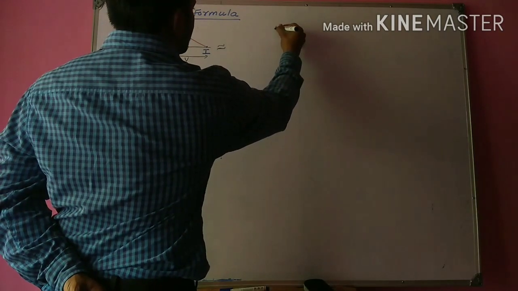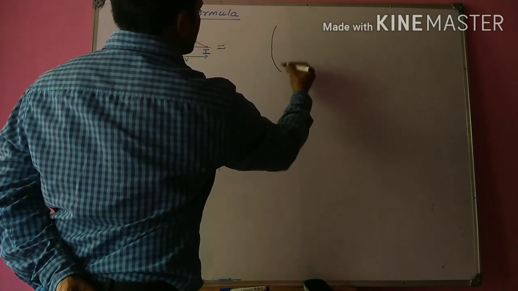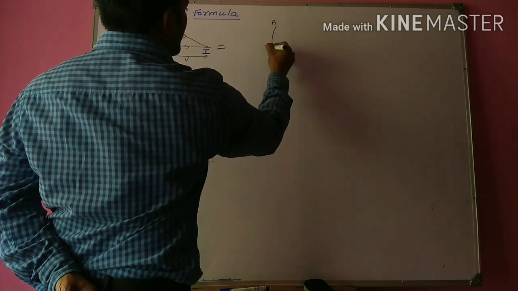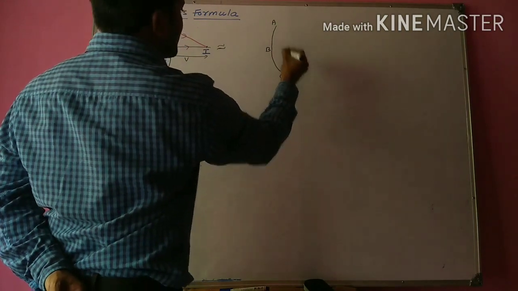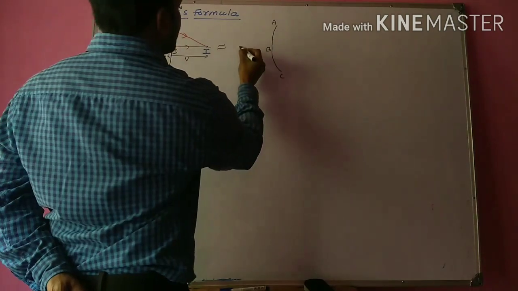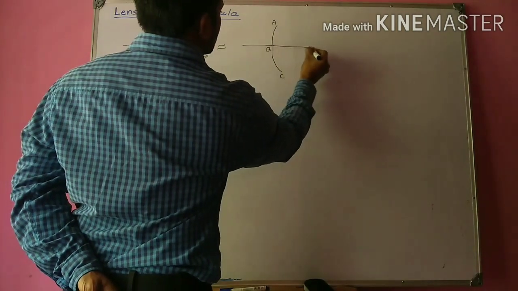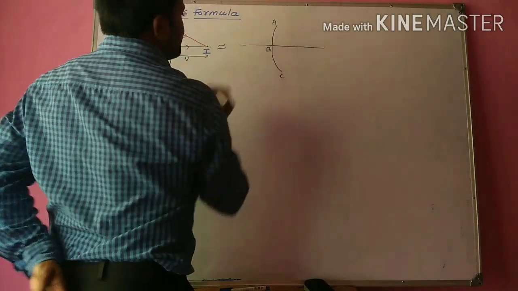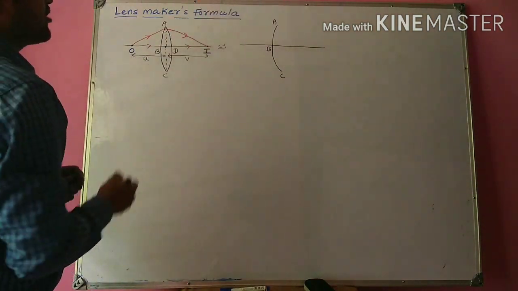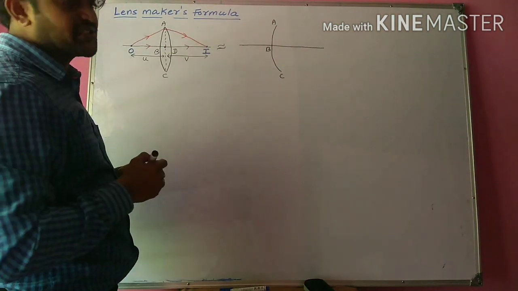This is the ABC surface. Now let us draw the principal axis. This is the principal axis, and for the ABC surface we have taken the principal axis.